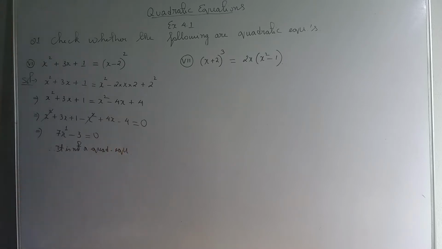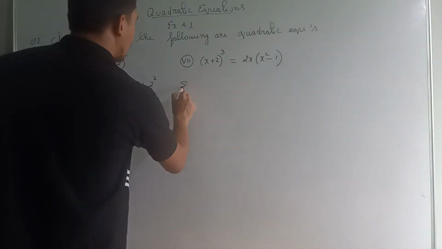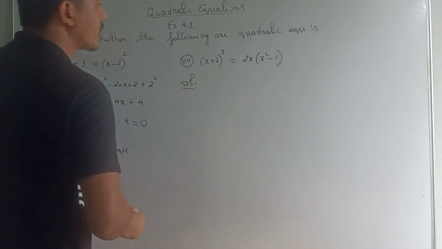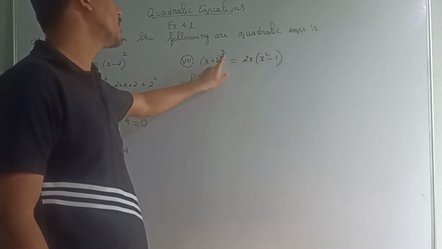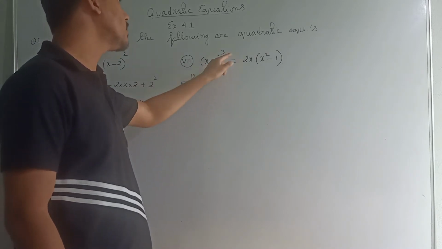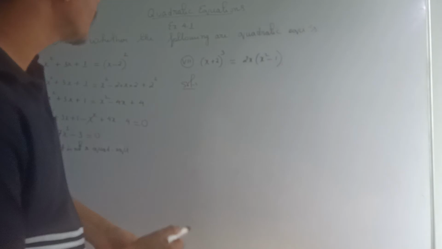Now let us look at Roman 7. On the left side, we have the identity (a plus b) holding cube. Here (x plus 2) holding cube is of the form (a plus b) holding cube.